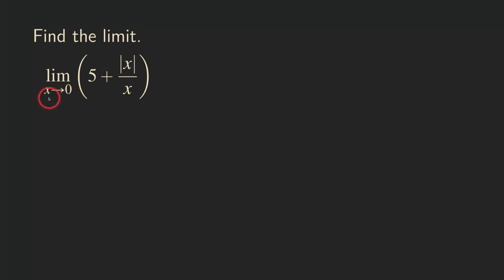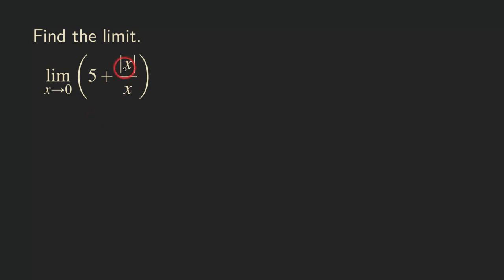So first thing is that when x is approaching 0, it can approach 0 from the right side and approach 0 from the left side. If x is approaching 0 from the right side, then you know that all those values that you take to approach 0 would be positive. But on the other hand, if x is approaching 0 from the left side, then all those values that you take when you let x approach 0 from the left side will be negative.